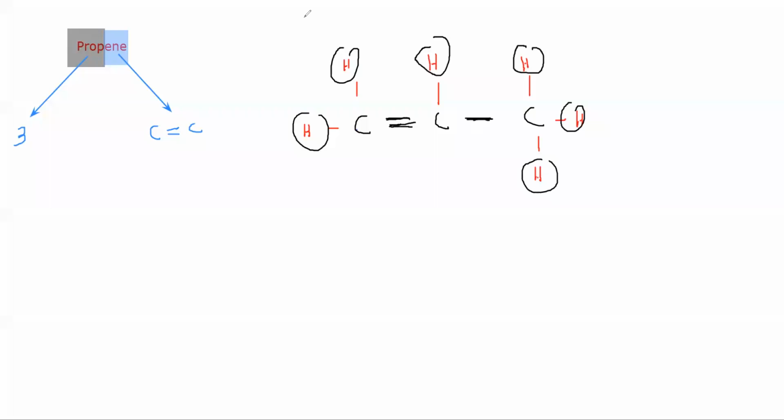So when we write the molecular formula, it contains 3 carbon atoms and 6 hydrogen atoms. So it is C3H6. The reason why there are 6 hydrogens, not 8, is because it depends on the number of the bonds which are formed.